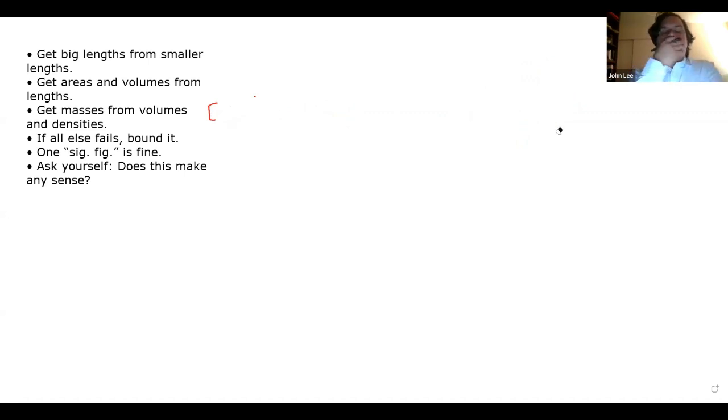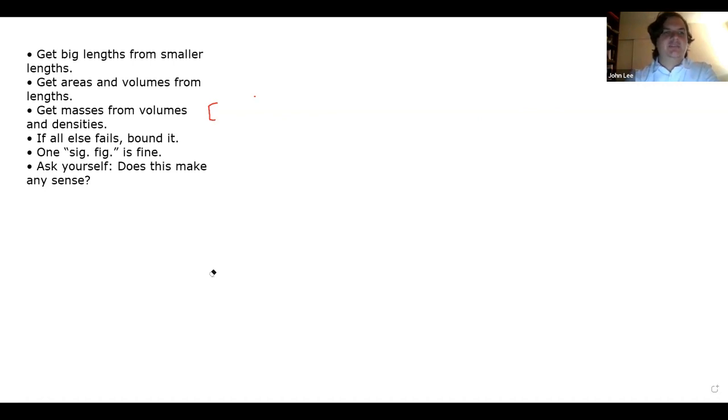The book has a problem where it's asking you to estimate the total mass of the oceans on the Earth. So this is actually a pretty interesting problem because it uses a lot of these methods.